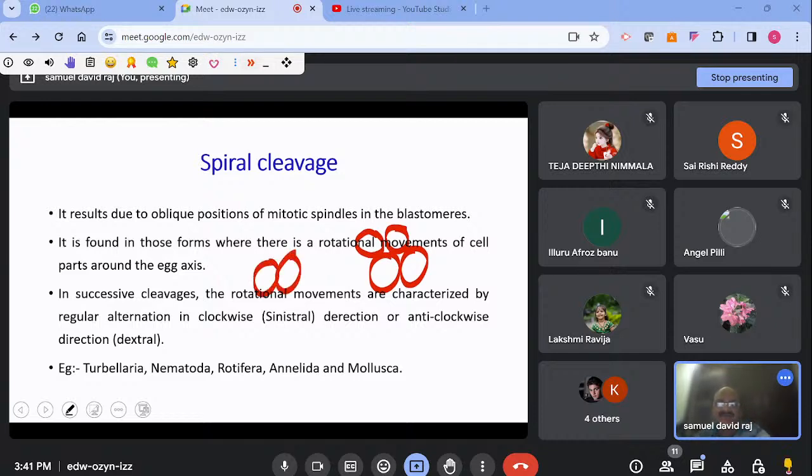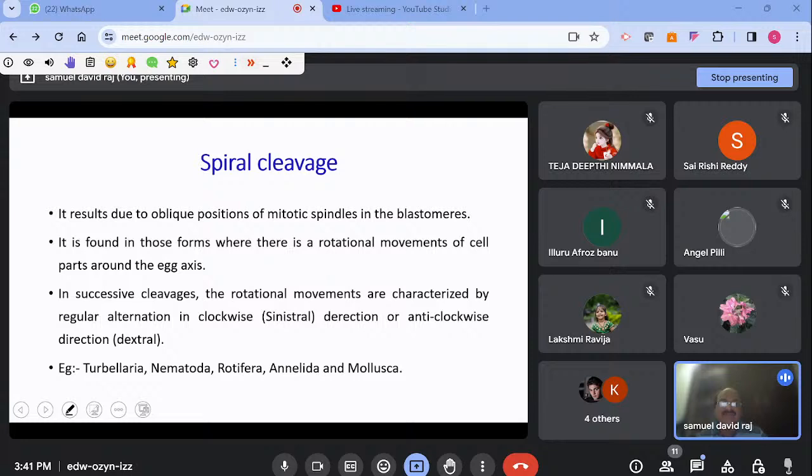In radial symmetry, they are present one above the other. But in spiral cleavage, they are present obliquely either in the left-handed or the right-handed direction, and such a pattern is called spiral cleavage.